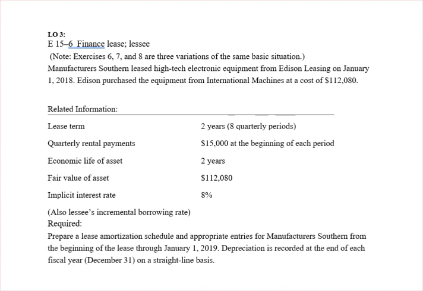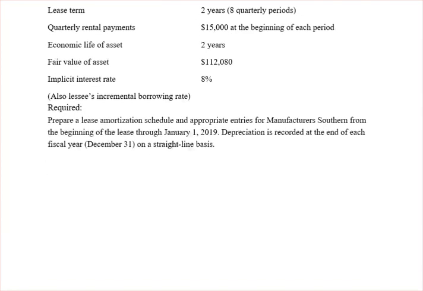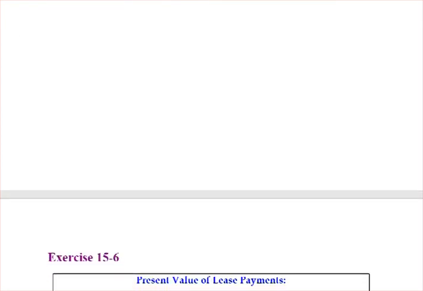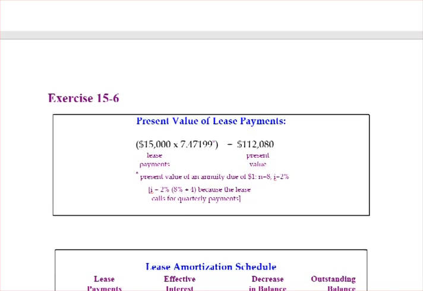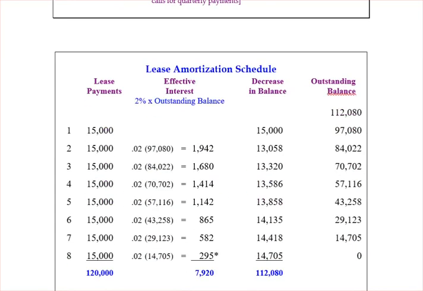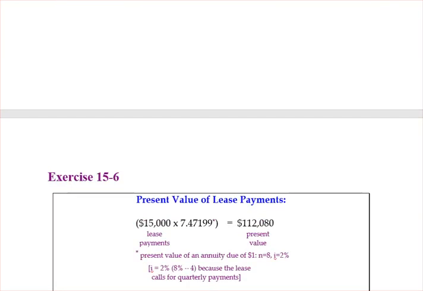And I think what they're going to want us to do here is do the journal entries, though, for the one who is renting it, the lessee, because that's what it says up there. We could do either one, and you should be able to do either one. The lease payments are $15,000. The present value of that gets us up to $112,080.